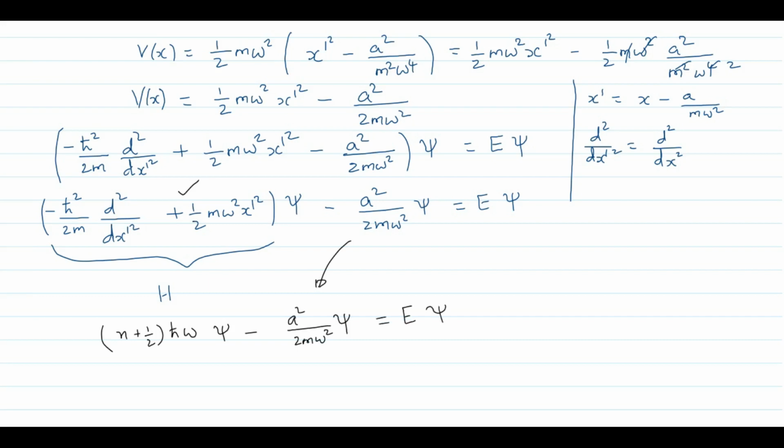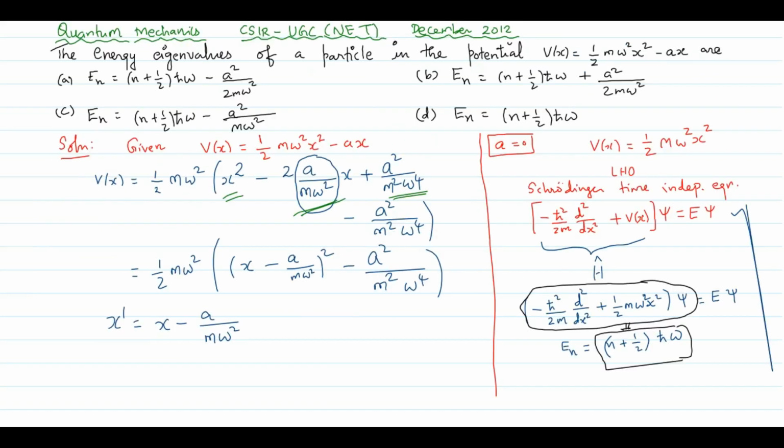Since there is only one quantum number here, n, I will put the suffix n instead of E. n is the quantum number for this problem. So collecting the coefficient of psi, you will get E n equal to n plus half h bar omega minus a square by 2m omega square. So the answer for this problem is A.